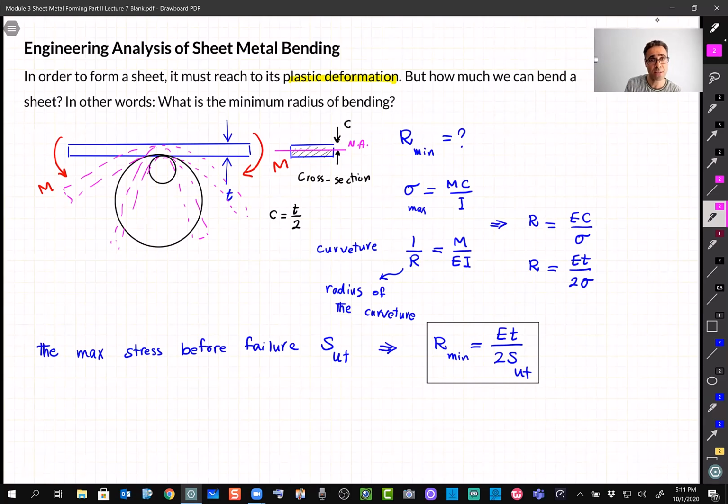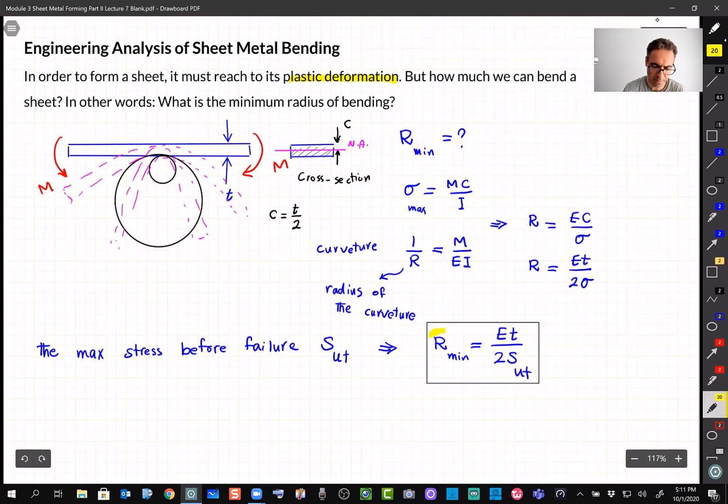All right, so that's the idea. Depending on the material, there is a minimum radius to which we can bend something. And again, it is important when we design a die or a mold, we call it a die for bending. Basically, how much of a radius can we bend something to without breaking it. All right. So far, guys, is there any question? So that's the second important formula that we need to know how to use.